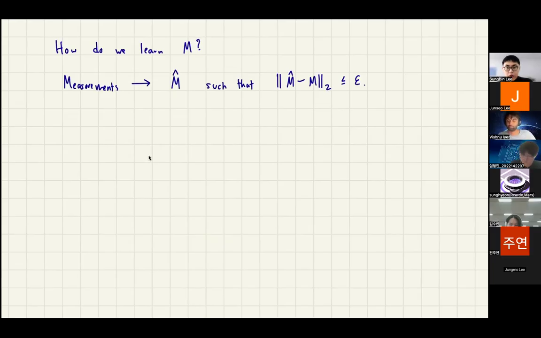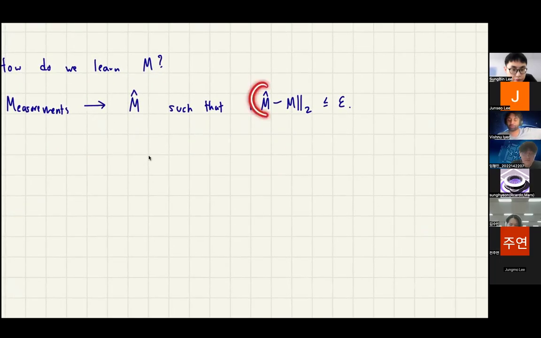Okay? What does this mean? This operator distance is just the difference between the top eigenvalues of M hat and M. Or, sorry, excuse me, it's the largest singular value of their difference. And this is basically saying how much more does M hat stretch one vector than M?